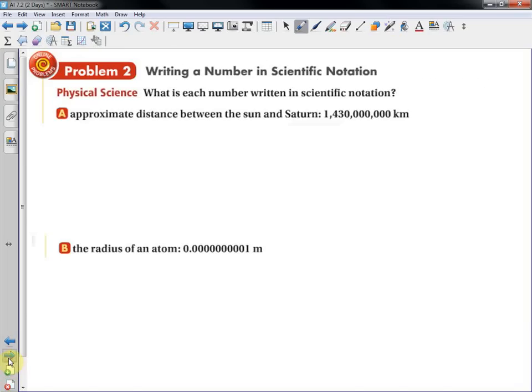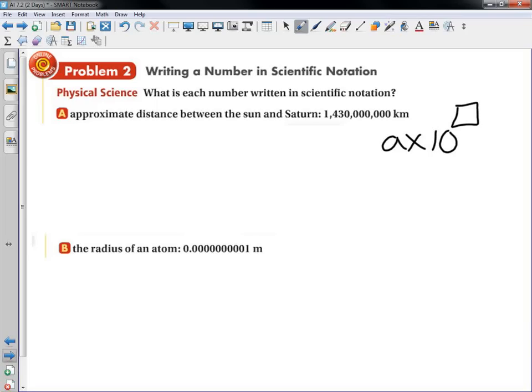All right. Problem 2 is to write a number in scientific notation. I'm going to use this time to explain the exponent's job in scientific notation. So there's 2 parts to the exponent. We have some A value times 10 to some power.